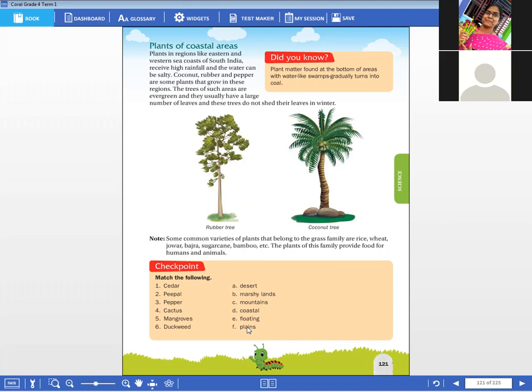Regions. Eastern. Western. Receive. Salty. Coconut. Rubber. Pepper.